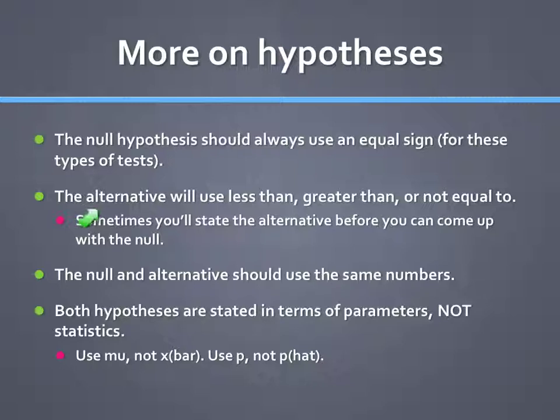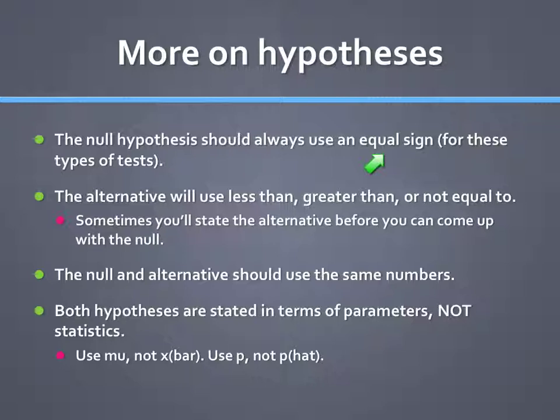Whenever you create your alternative and it's going to use a less than, greater than, or not equal to sign, then I go back and do the null hypothesis, which will use the same symbol, the mean or the proportion, the same number, but it will just replace the less than, greater than, or not equal to that you created for your alternative hypothesis with an equal sign.